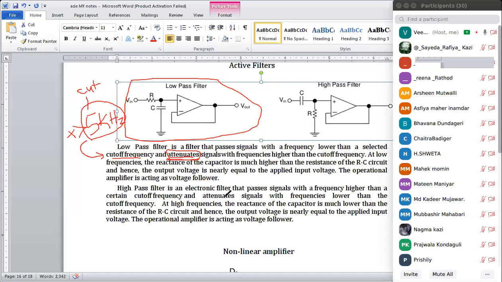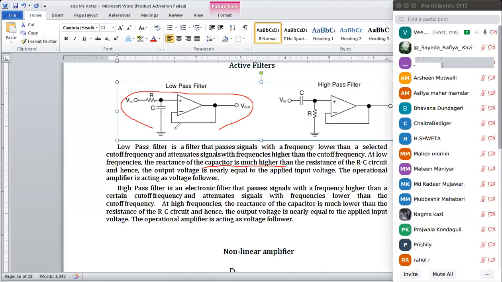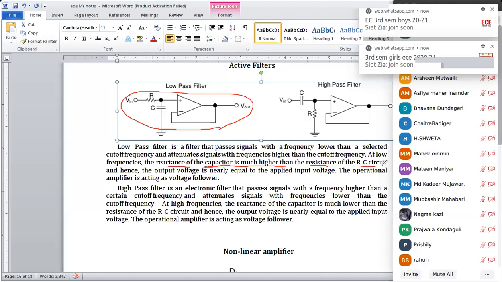At very low frequencies, this circuit is basically used for low frequency devices. The reactance of the capacitor is much higher in this. That is the main reason that this circuit is going to cut the higher frequency, right? Because the capacitor reactance is much higher than the resistance of the RC circuit.